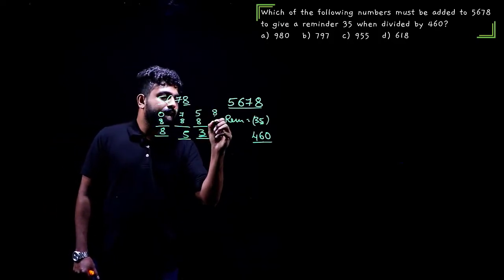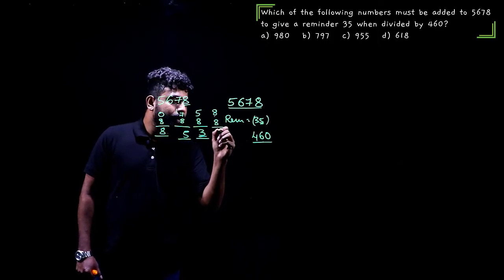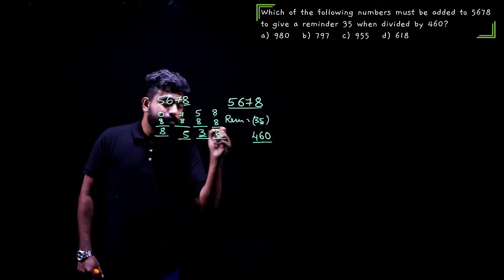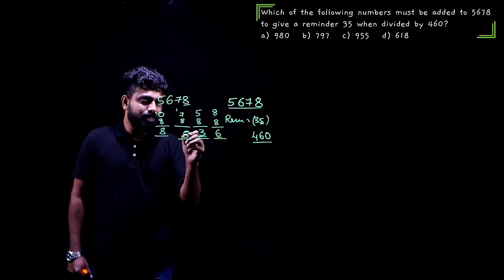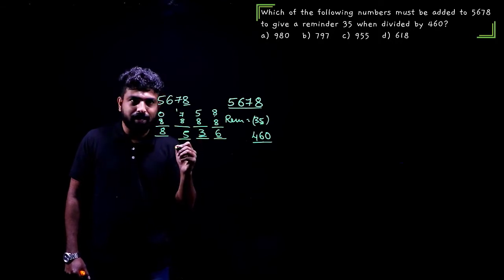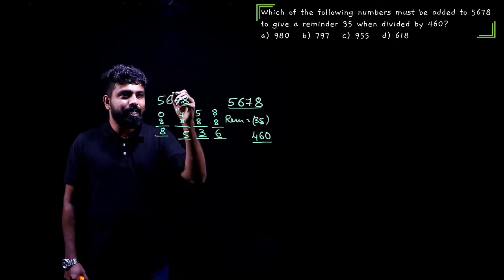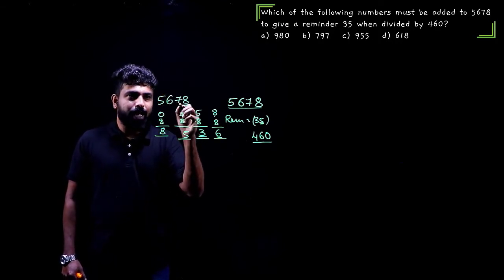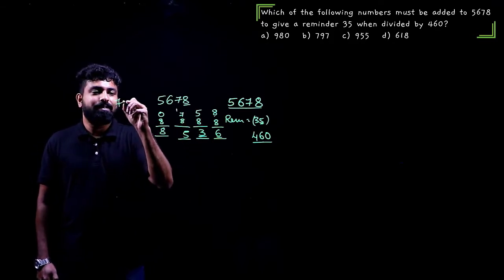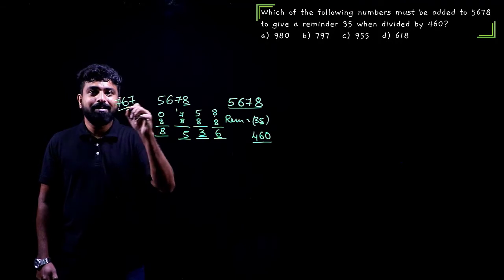So I'll be adding 8 to 8, 8 plus 8 is 16, so unit digit will be 6. Hence again my unit digit is not 5. Hence the only option which is giving me the unit digit as 5 is when I add 797 to 5678. Hence my final answer must be, I should add 797. That's my final answer.